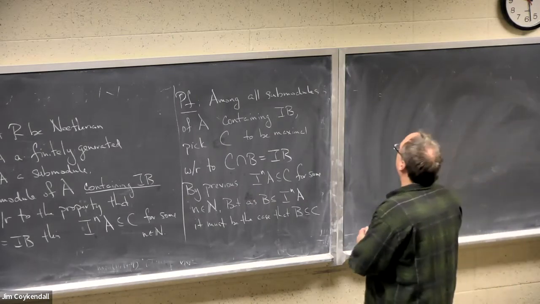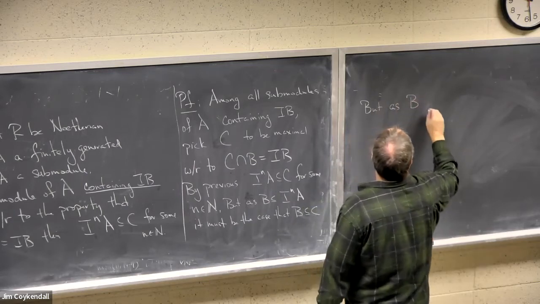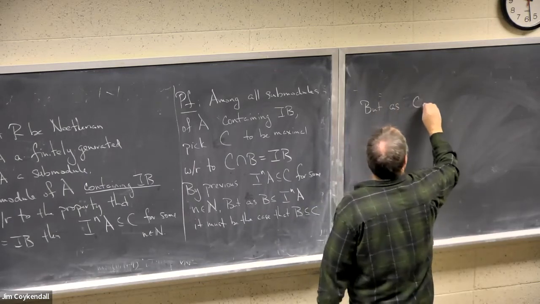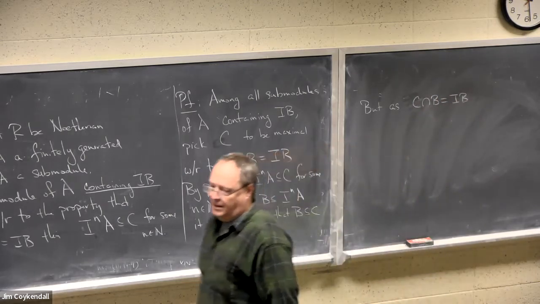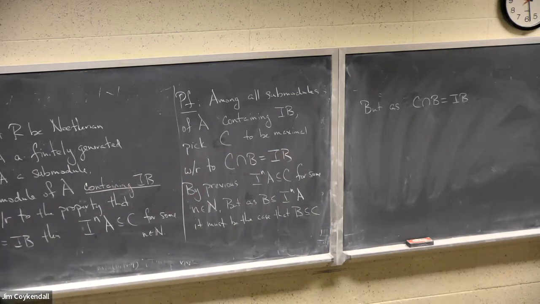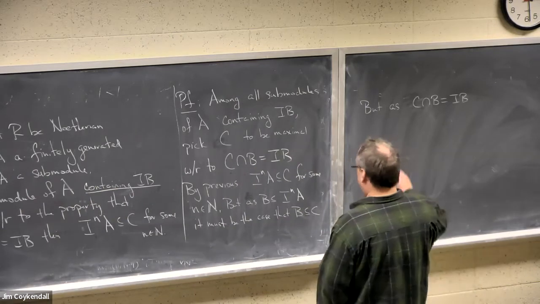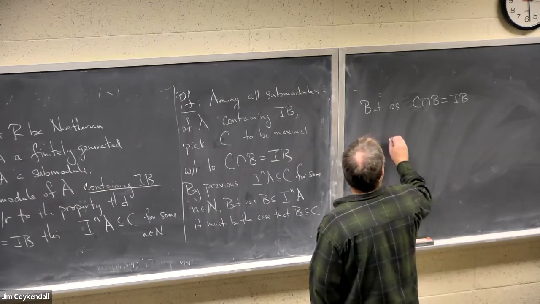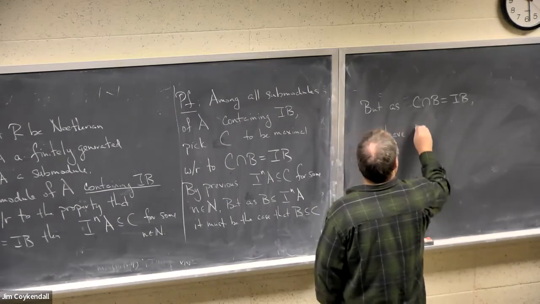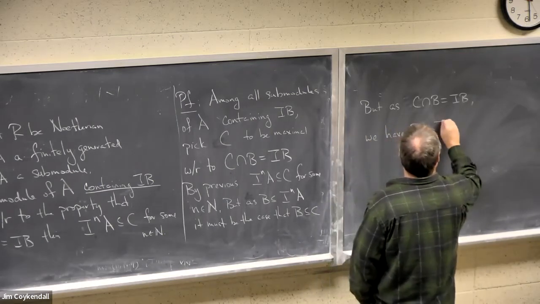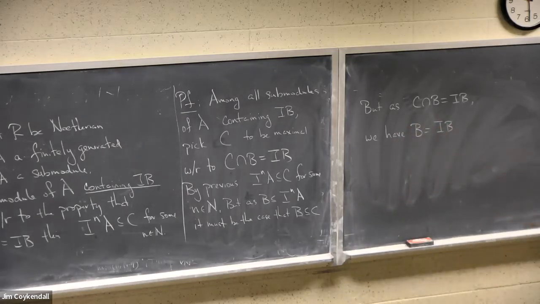But as C intersect B is equal to IB, it must be the case that, right.